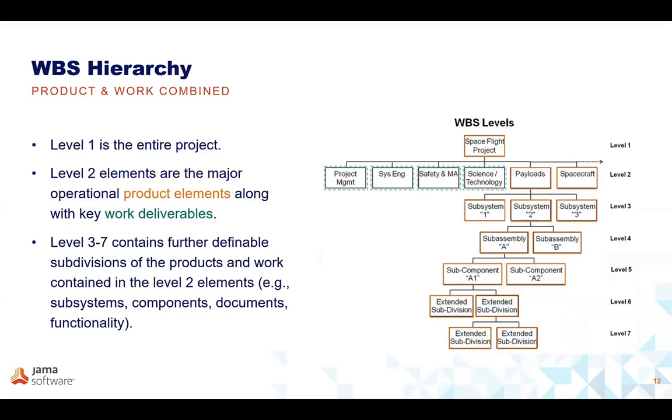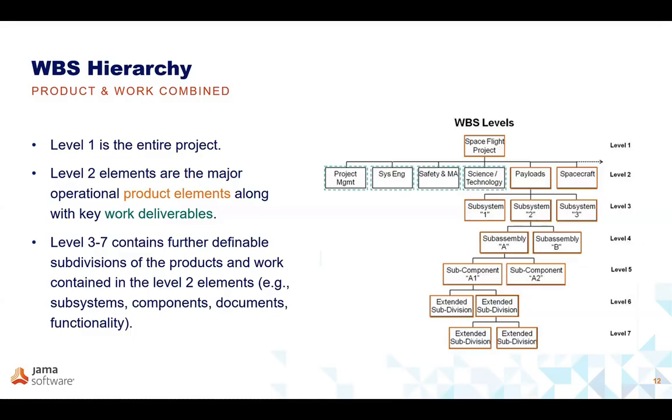Level one, and by the way, this particular drawing just has come out of the NASA handbook. Level one always represents the entire thing. So you've got your top thing, the object, your product that you're delivering. You're delivering a space flight project, right?